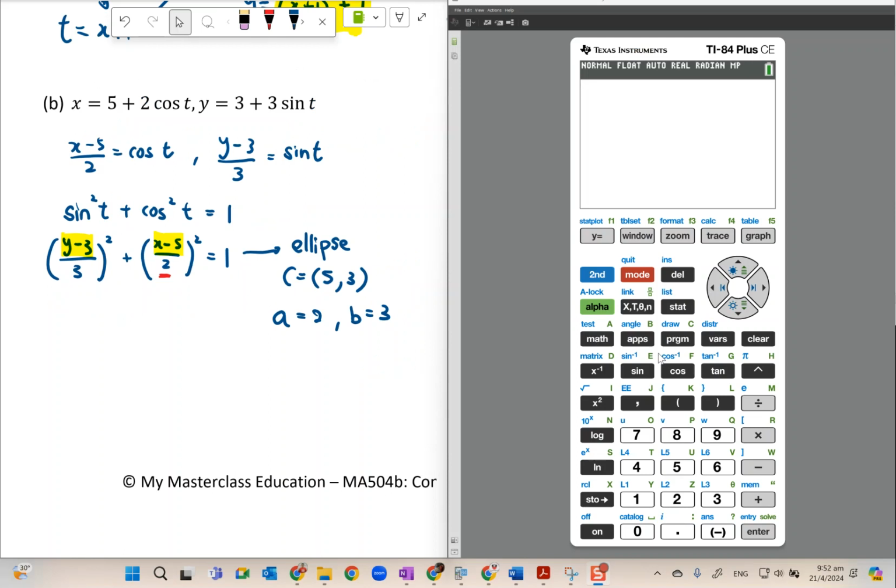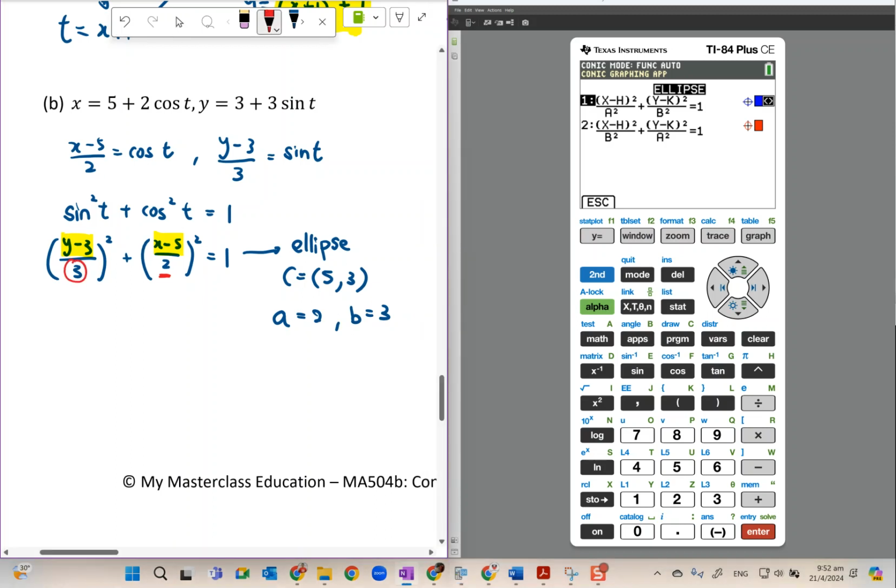So now you come to your GC, I press apps, and then I press conics, and then I press ellipse. So you have to know that my a is 2, my b is 3. The b is the one below the y. If my b is bigger, then I know that it's going to be called a tall ellipse. The first one over here is called a fat ellipse. Basically, a must be bigger than b.